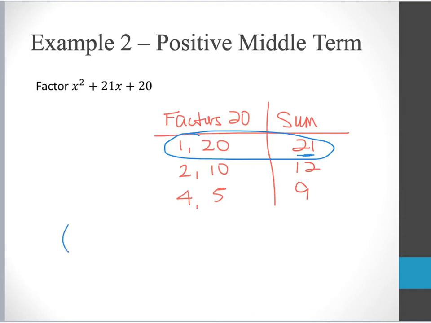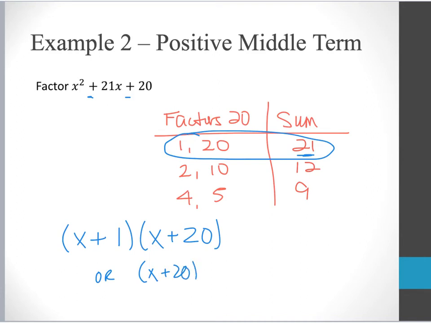So when I write this out, I have x plus, because both of these are pluses, so I have (x plus 1) times (x plus 20). Or, remember, you could write this as (x plus 20) times (x plus 1), your choice. Both of these are correct.